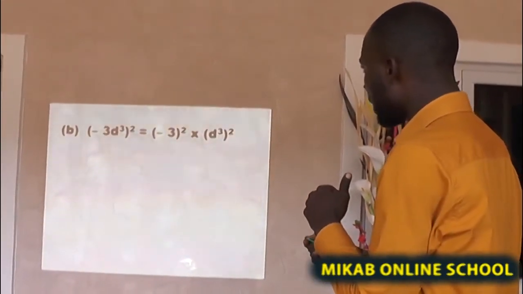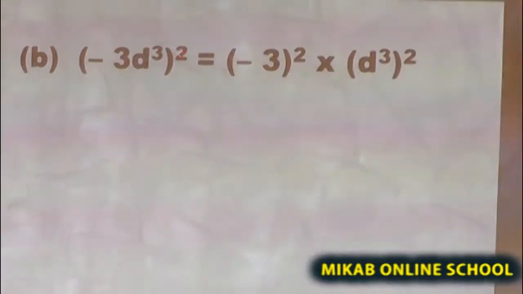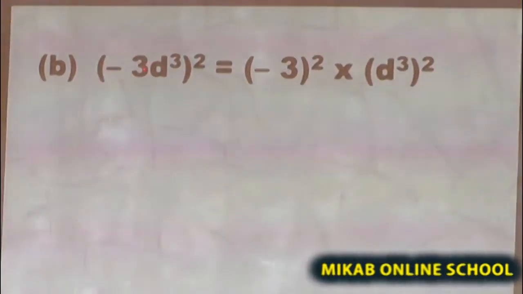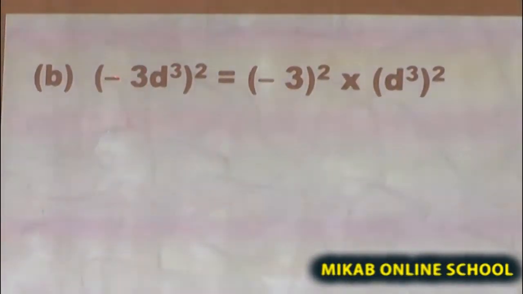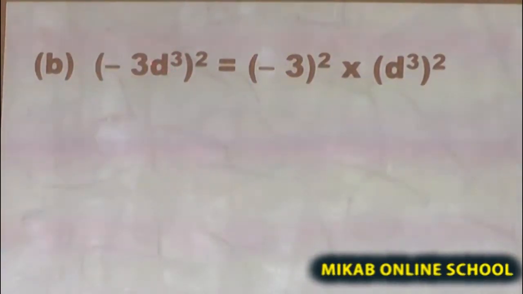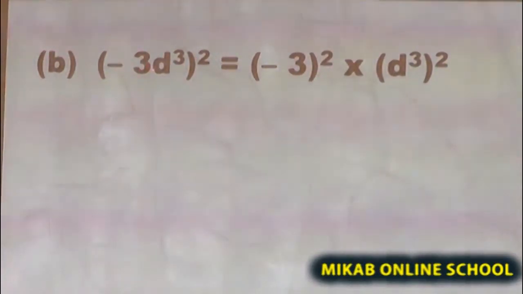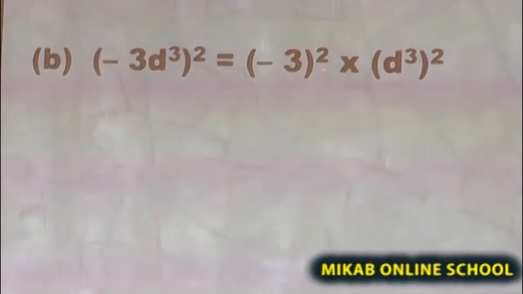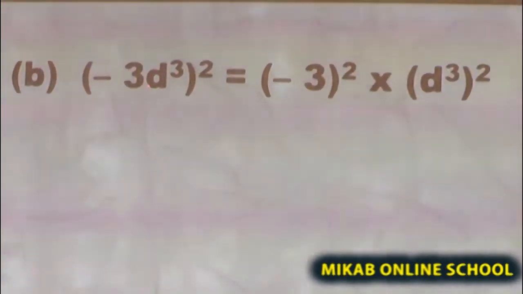Everything within this bracket is affected by the square outside. By the time you expand, you separate this from here. This one has its own square, differently from d raised to the power of 3. The expression will now be minus 3 all squared multiplied by d cube all squared. That is the separation of the number from the alphabet.